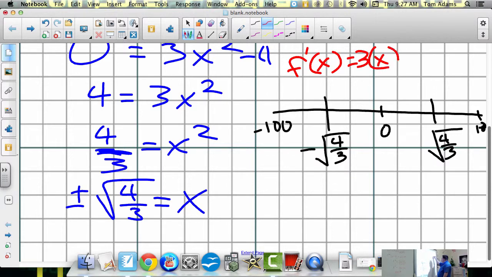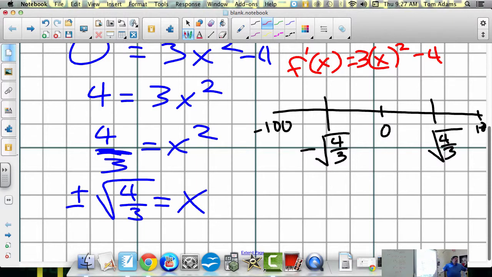So f prime of x is equal to 3 times x squared minus 4. If I plug in a negative 100, that becomes 100 squared, which is really big, 10,000. 3 times 10,000 is 30,000 minus 4, so it's 29,996.